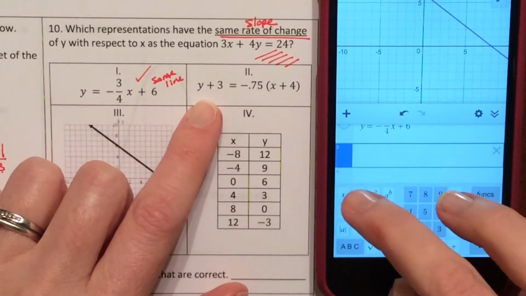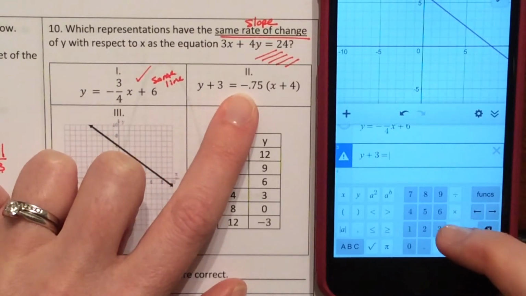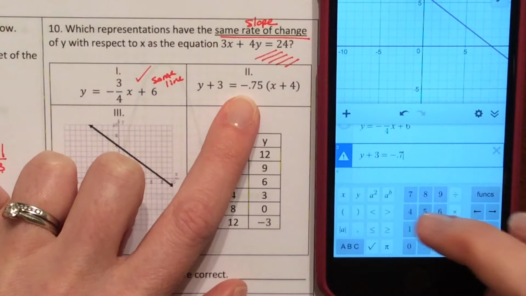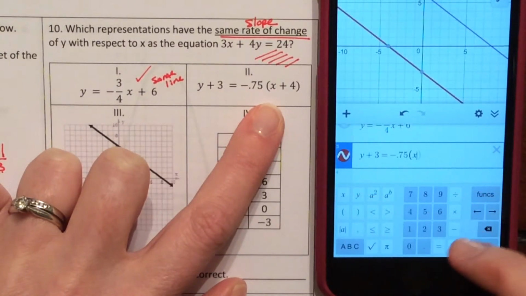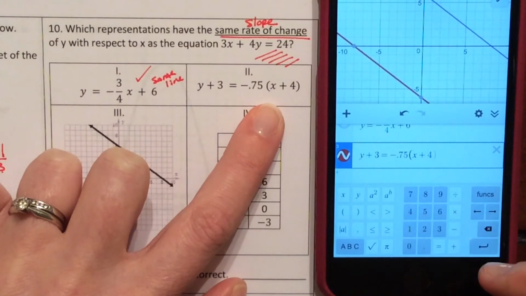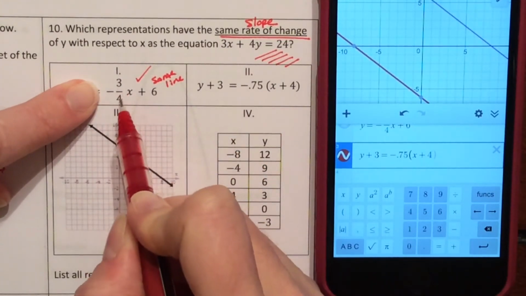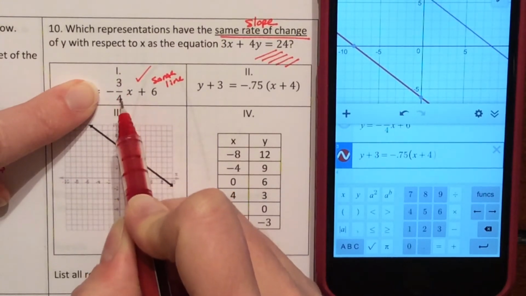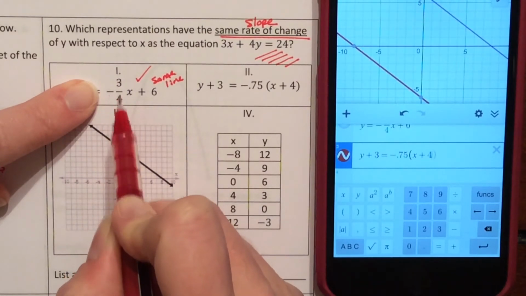And now I'm going to type in the second option right here. So I'm going to type in y plus 3 equals negative 0.75, and then in parentheses, x plus 4. And I notice over here that 3/4 is the same as 75 cents. So negative 75 cents or negative 0.75.